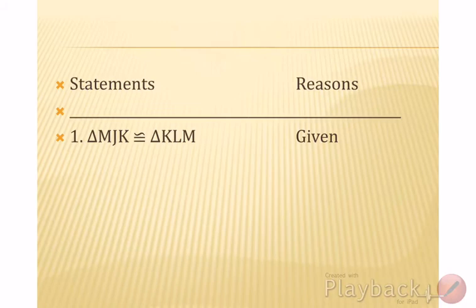So I've given you the first statement, and I want you to take some time to write in your notes what other statements you're going to make from what you already know about proving that triangles are congruent. You have all 6 parts are congruent. Which 3 would you use? Any one of those reasons?